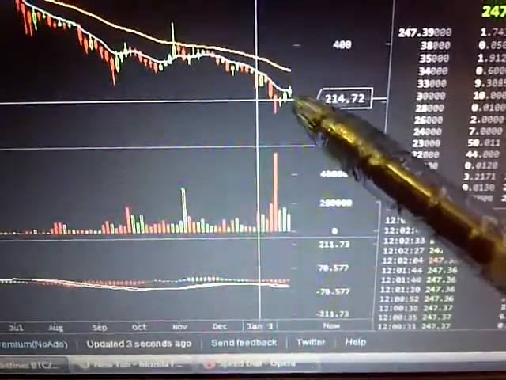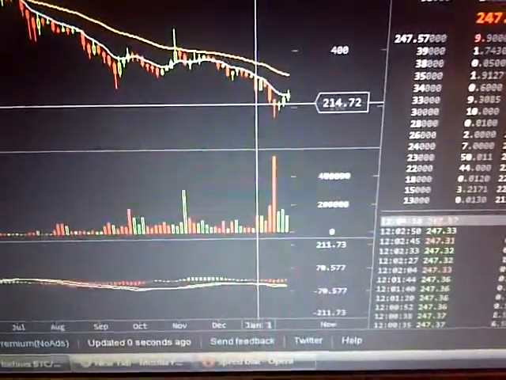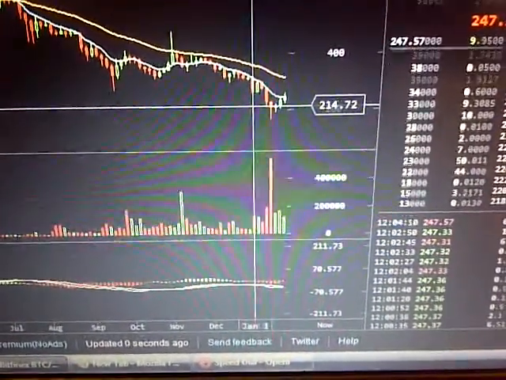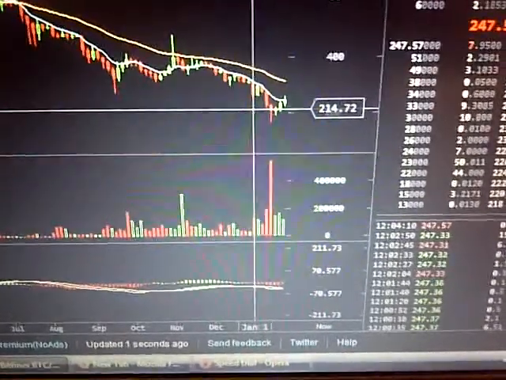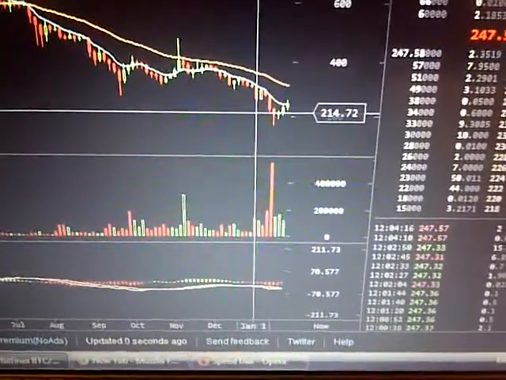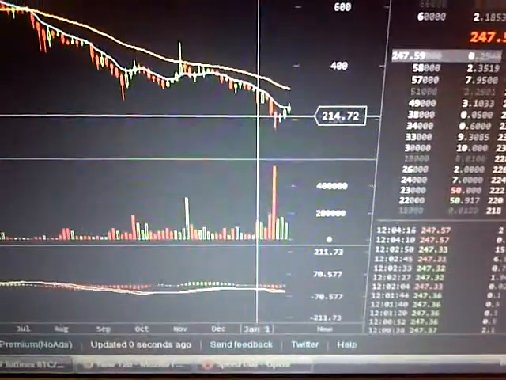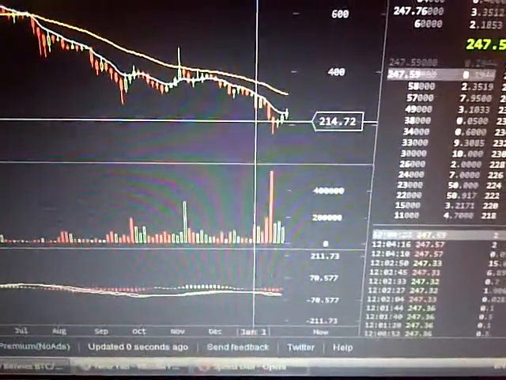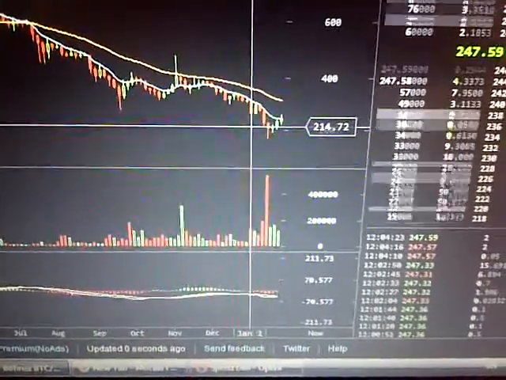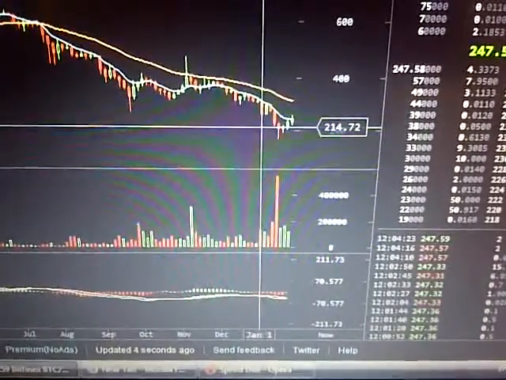On a 3-day, it's going to take a while, but I think around March, is it March or May? I'm not sure what I said. But obviously, when spring rolls around, I think you're going to see some more positive movements on the upside. It's going to depend on whether it can break through that resistance.